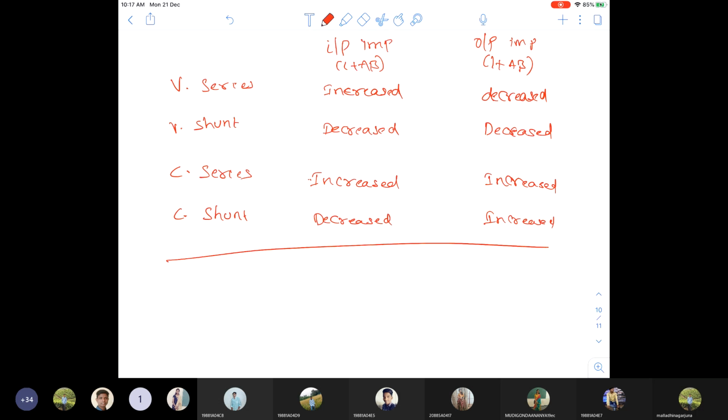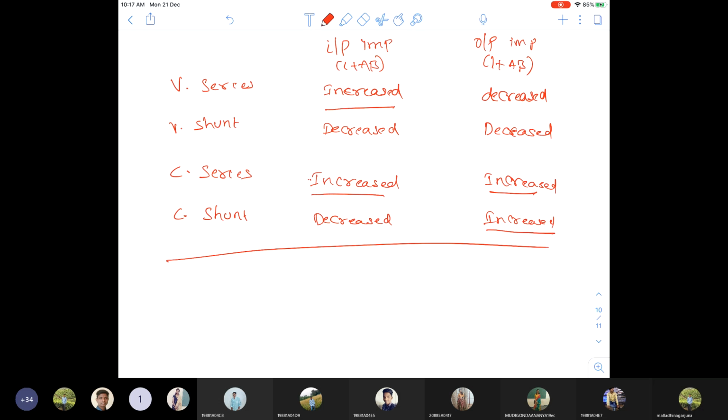So from this you can conclude one important point. Just look at this table. Leave aside whether it is input impedance or output impedance; forget about it for now.